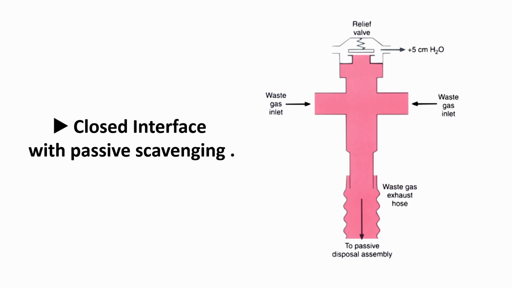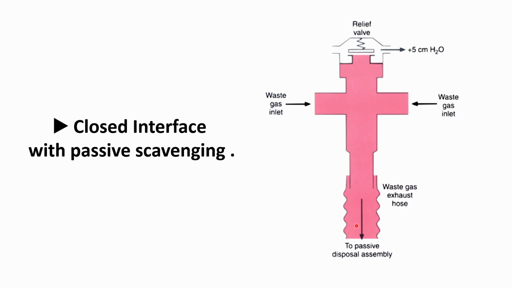We have discussed the open interface, so let's discuss the closed interface, which is closed over itself. It doesn't interact with the atmosphere. So we have two inlets for the waste gas, and then going passively to this disposal assembly.